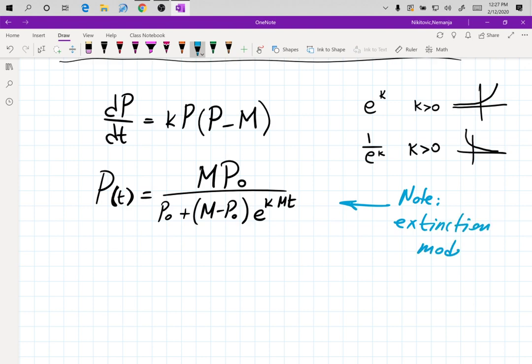Extinction model, k larger than 0 and no negative.